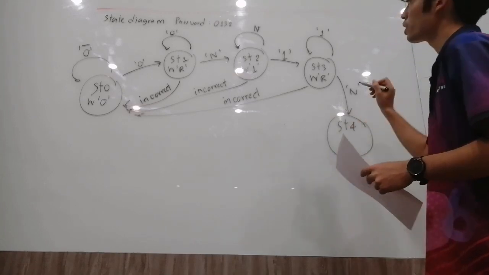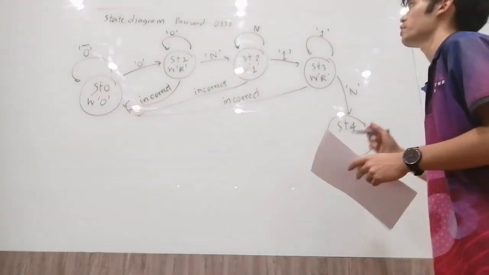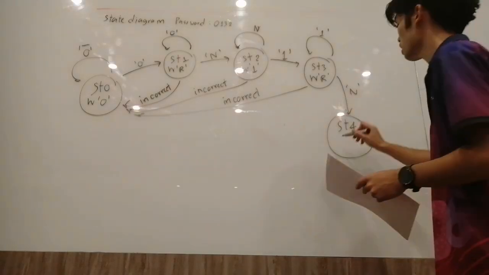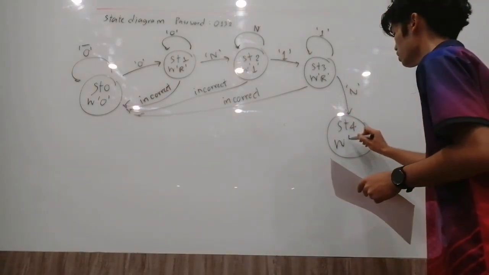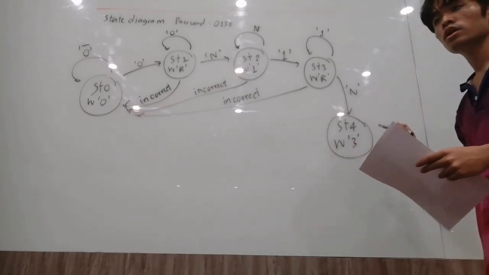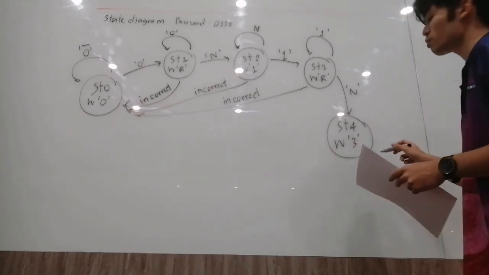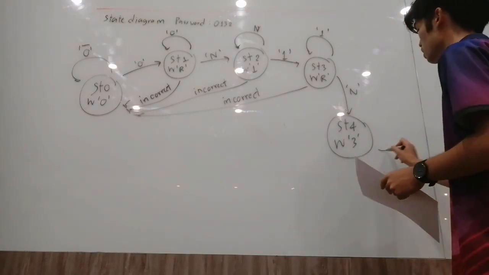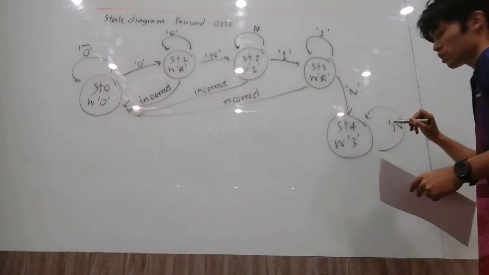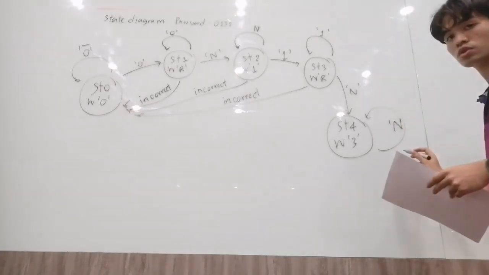State 4 waits for the third digit of the password. The third digit of the password is 3. State 4 waits for 3. If we still push nothing, it's still in this state. No push.